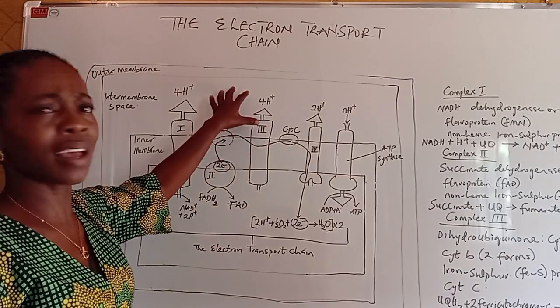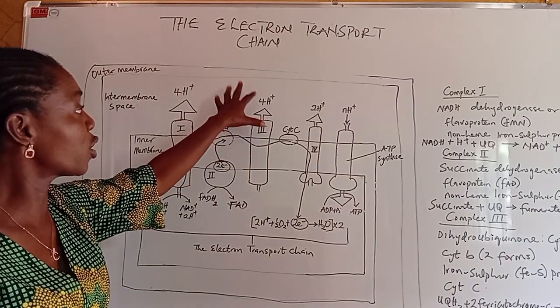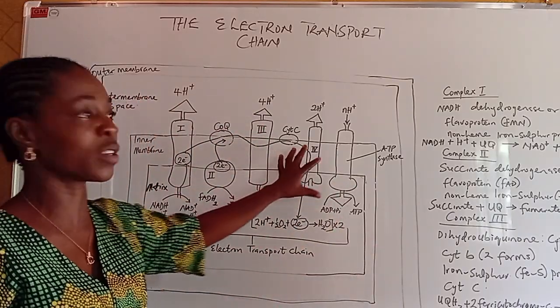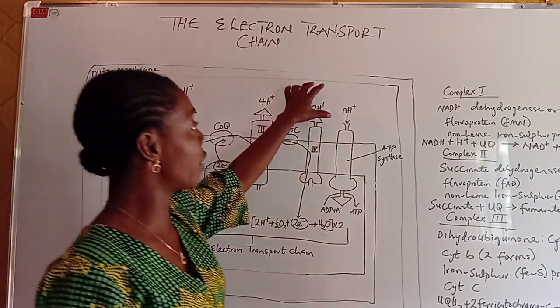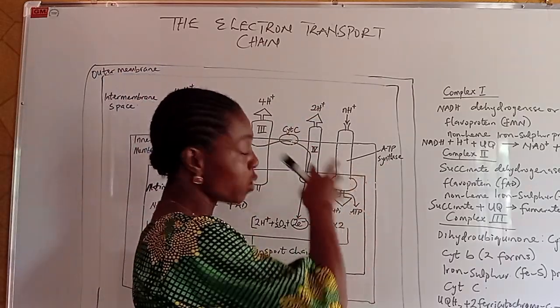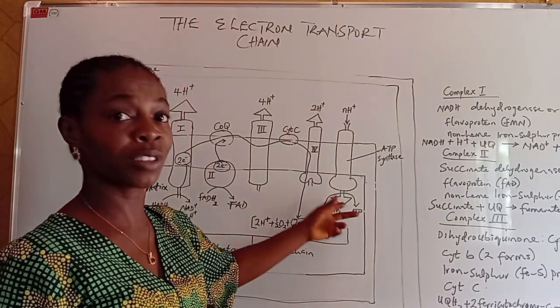What happens to all of this proton gradient that we built up here? Remember, it's a form of energy. The proton gradient is a form of the energy that we release from the electrons as they travel through this. And so that gradient is used by the enzyme ATP synthase, also embedded in the inner mitochondrial membrane, in the synthesis of ATP. How does it do that?